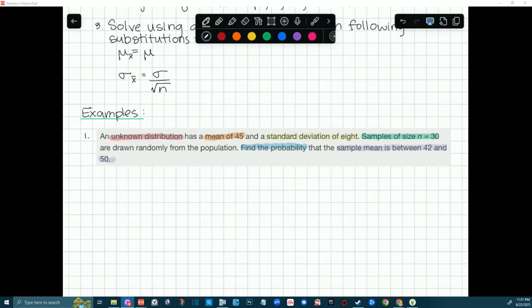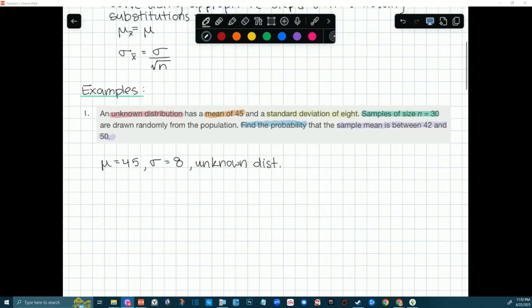So let's go ahead and list what we're given and what we're asked for. We know our population mean is 45, our population standard deviation is 8, and we know it's an unknown distribution. We know we're collecting samples of size 30, and that tells me that the distribution of sample means, x bar, is going to be normal even though my original distribution of x's is unknown.